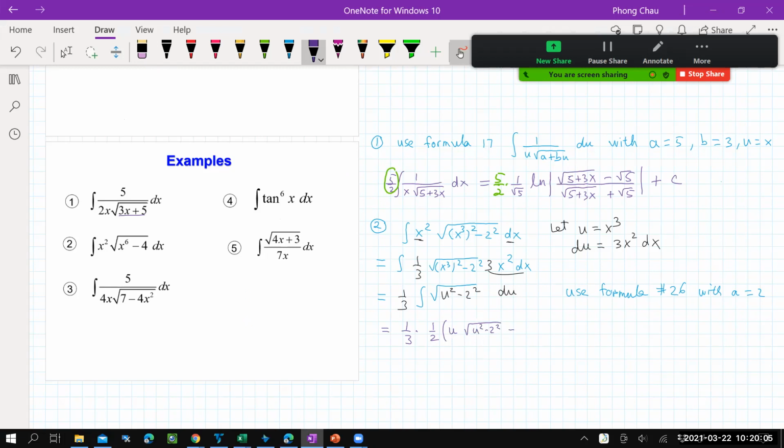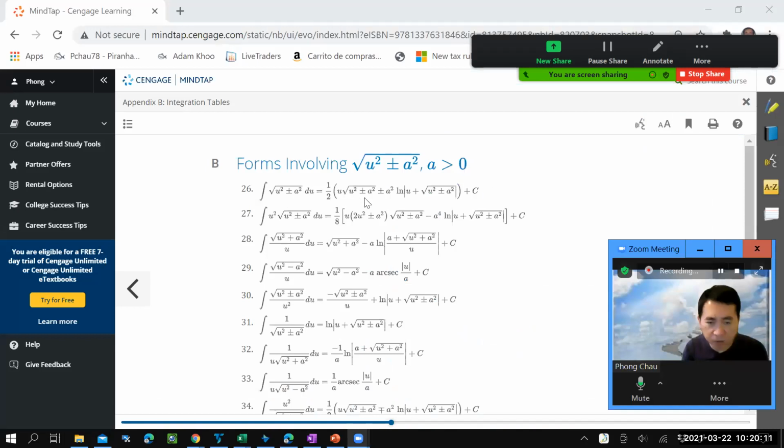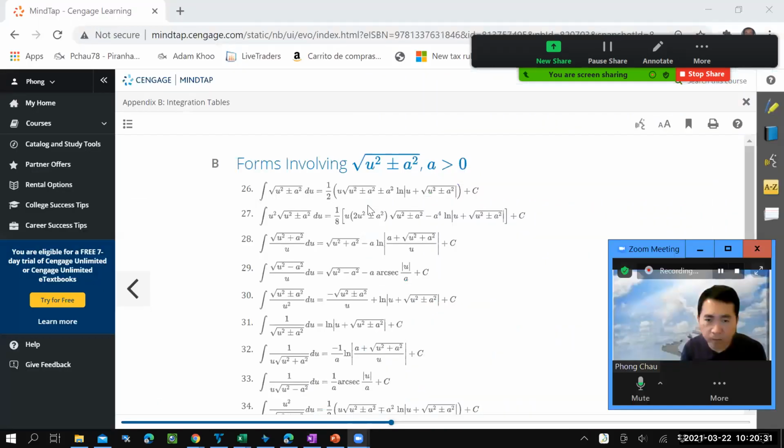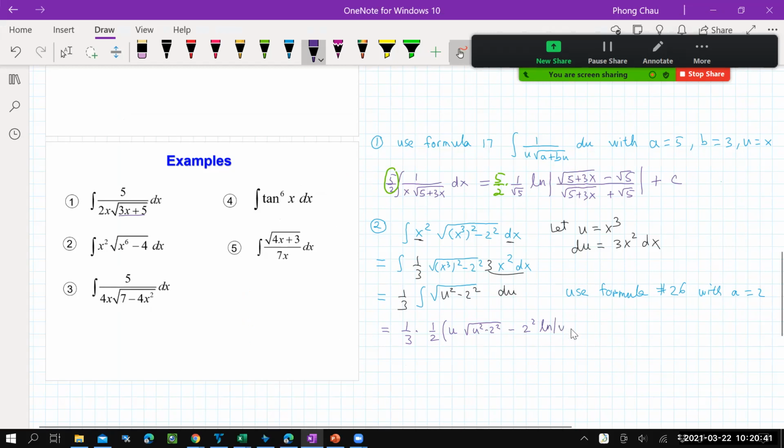Notice that there's a plus or minus in the formula, but since we have minus, it's going to be minus 2 squared times the natural log of u plus the square root of u squared minus 2 squared, plus c.